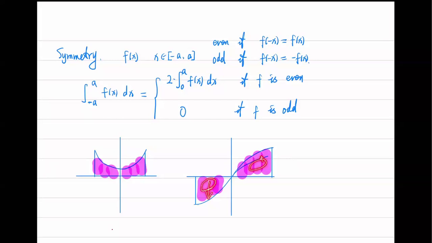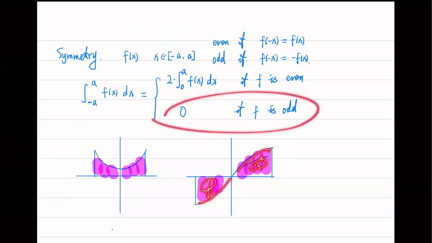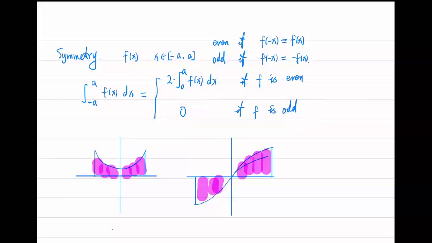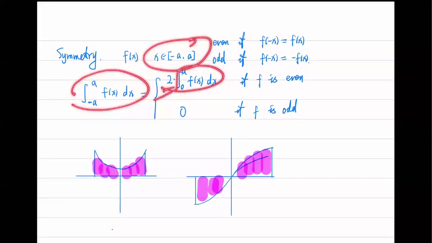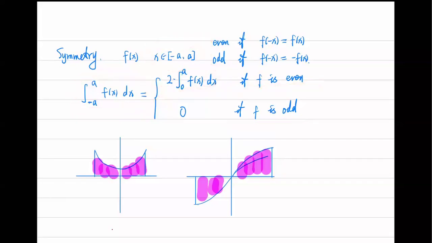Over there, f is negative, here f is positive. They cancel each other. So the integral overall will be 0. On a symmetric domain, the integral is twice the positive half if it's even, and 0 if it's odd.